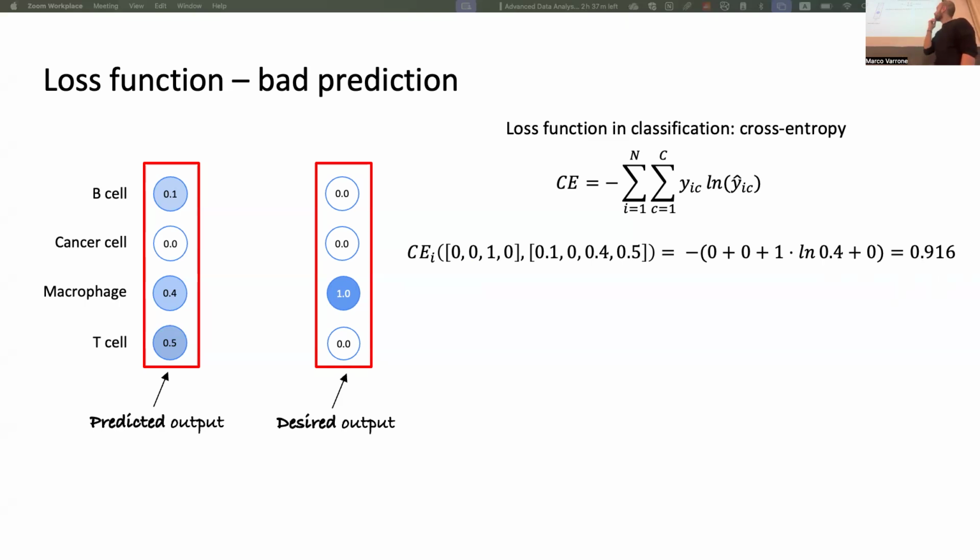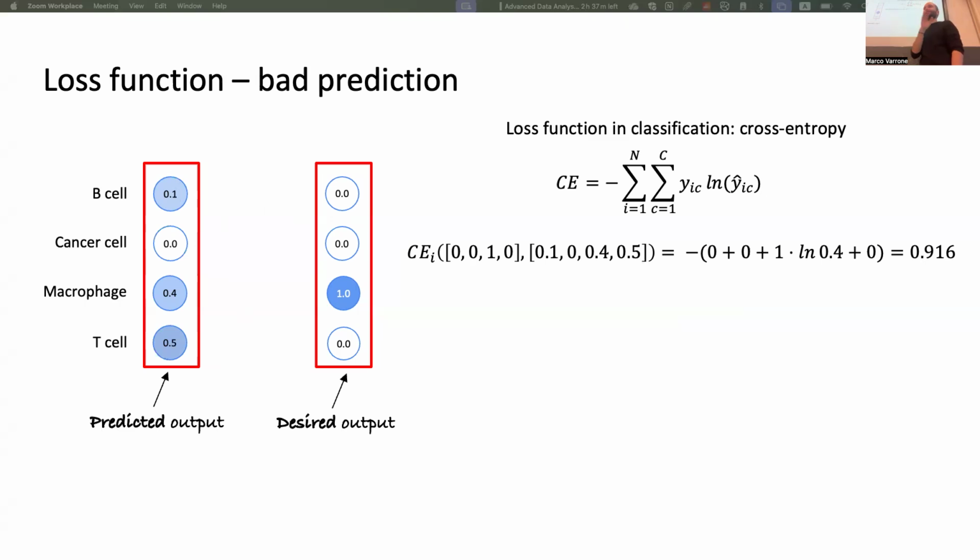But do you see a problem here, in the sense that basically the cross entropy is ignoring all the other values here, because in the end, in the desired output, they get multiplied by 0? So whatever the value we have here, this is not going to influence the loss. Do you think this is a problem or not? Don't be shy.